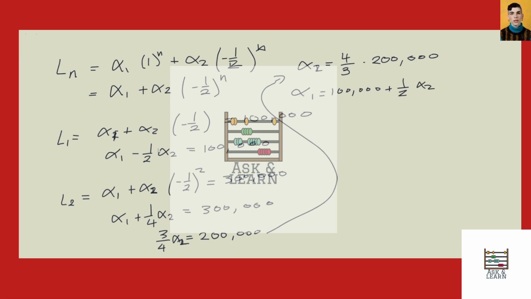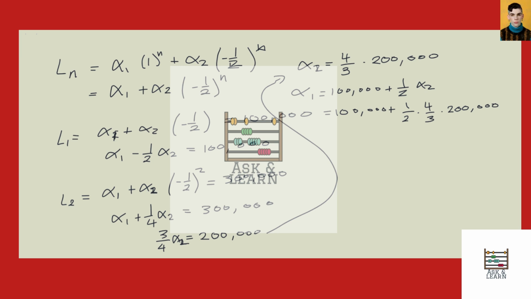We just move half alpha 2 over to the right side. Then this is going to be equal to 100,000 plus 1 over 2 times 4 divided by 3 times 200,000.